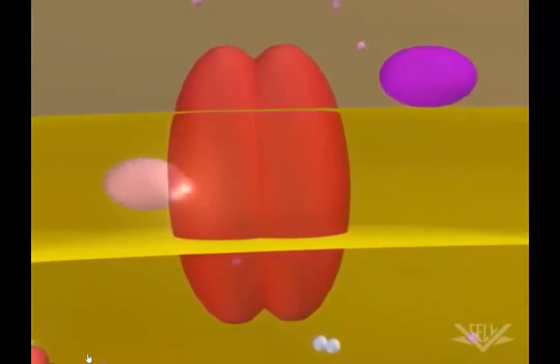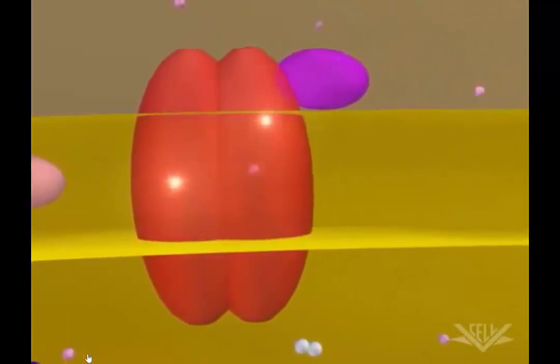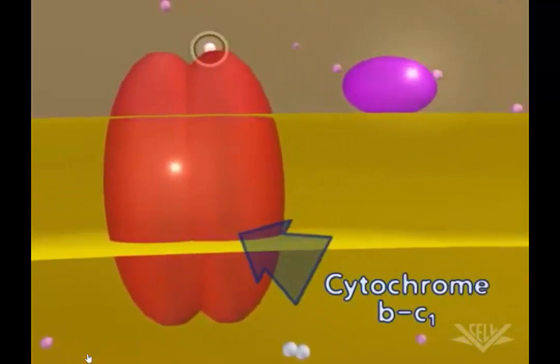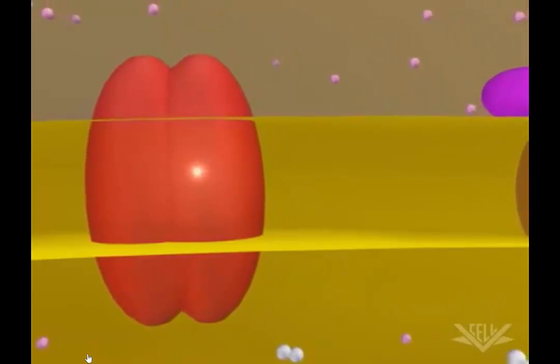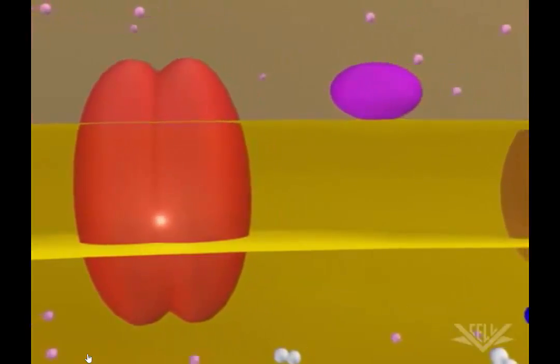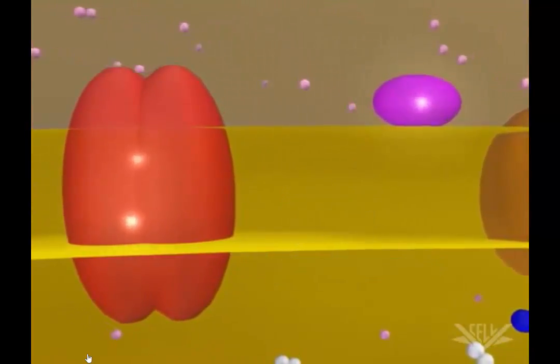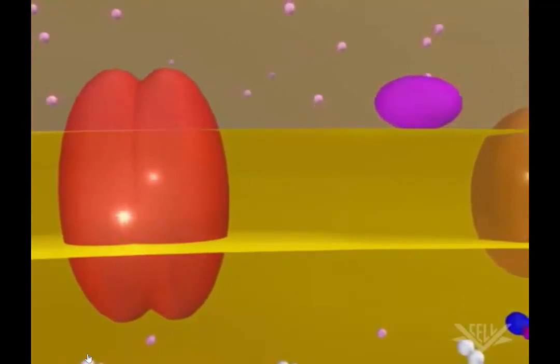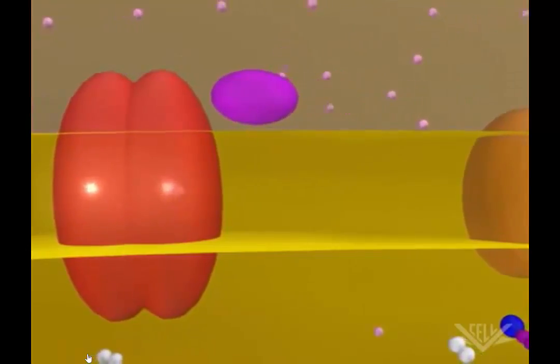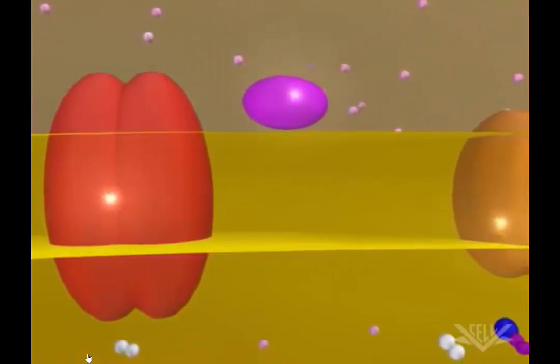Ubiquinone is called a mobile transfer molecule because it moves the electrons to the cytochrome BC1 complex. Each electron is then passed from the cytochrome BC1 complex to cytochrome C. Cytochrome C accepts each electron 1 at a time. 1 hydrogen ion is pumped through the complex as each electron is transferred.